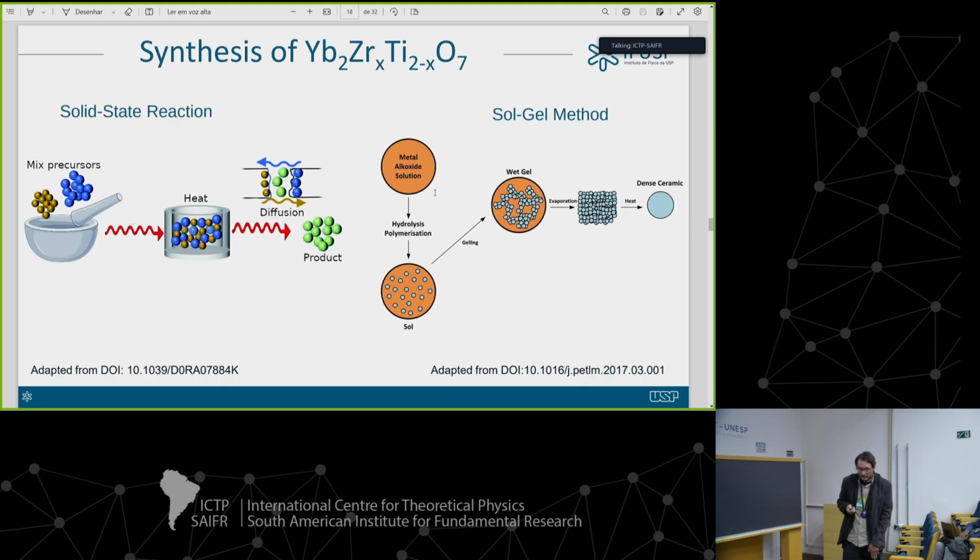So we made samples using both the regular solid state method, which is just mixing the oxides, and also using the soft chemistry method, which is very good when you have a mixture of elements. The reaction happens at the molecular level, so we have very homogeneous samples.